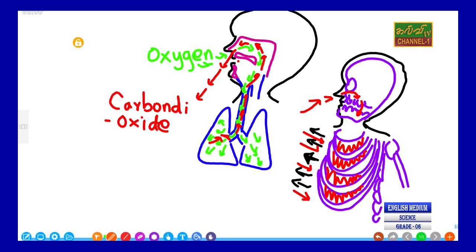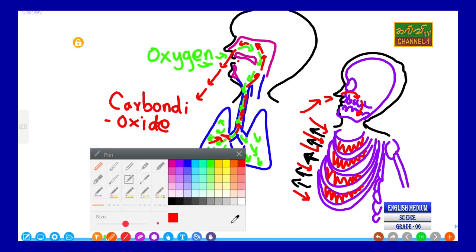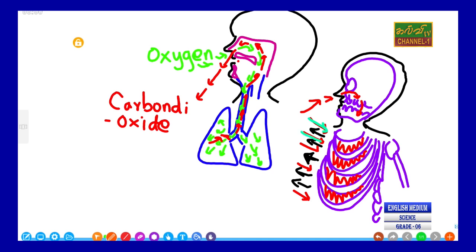When you breathe deeply, your chest moves. It goes inside and it comes outside. So this is called chest movement, breath movement, respiration movement.